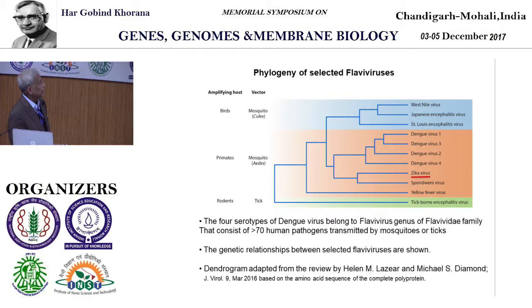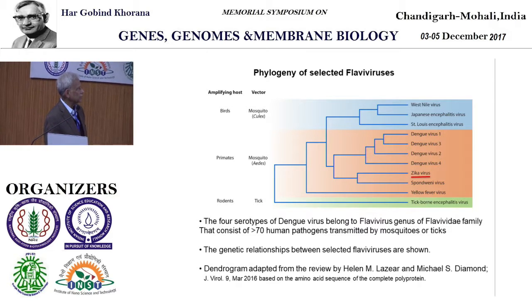So dengue belongs to the Flavivirus genus in the Flaviviridae family, and there are 4 serotypes of dengue. This Flavivirus family consists of more than 70 human pathogens. They are mostly transmitted by mosquitoes or ticks.